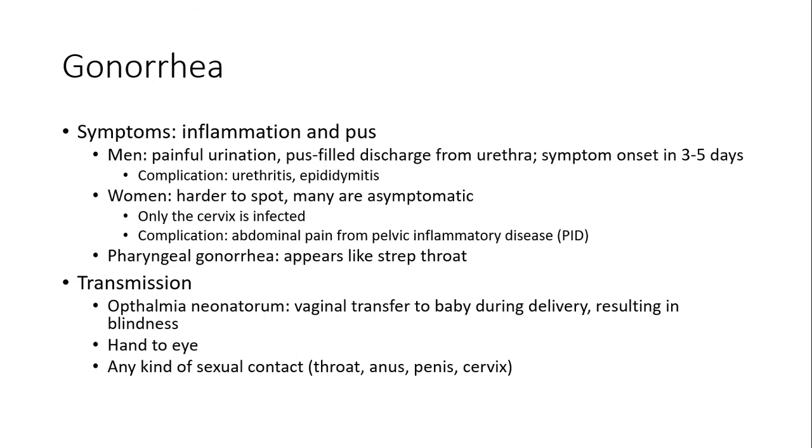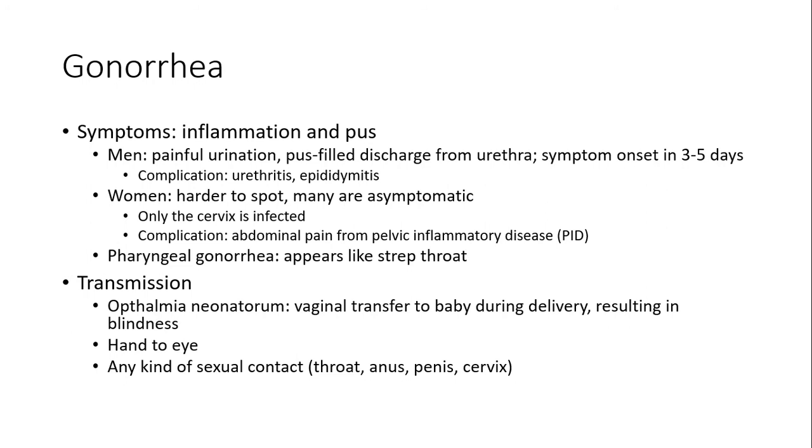So let's say you're a gentleman, for example, and you see that pus coming out of your urethra, and obviously that's kind of terrifying. And you touch the pus because you want to get a closer look at it, and you accidentally jab yourself in the eye. Well, you've just given yourself an eye infection with gonorrhea, which does not sound like a good time to anybody.